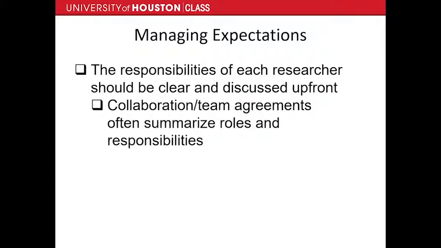And access to data is really important because it aids in future proposal submissions and scholarly publications. So you want to make sure that there are clear and detailed expectations surrounding that, so that you don't create any hurdles later on, should one of the collaborators want to use the data found within the research project.